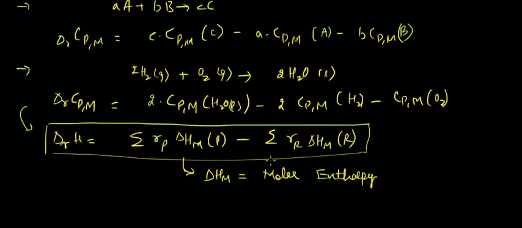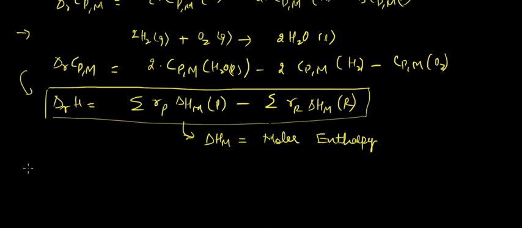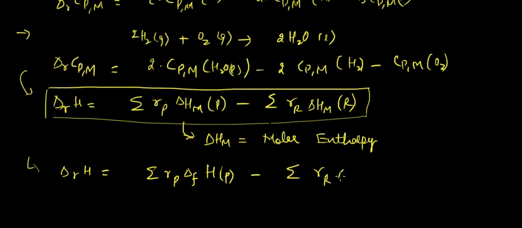Okay. Next, we can also say that delta_r H is equal to the summation of nu_P delta_f H of products minus the summation of nu_R delta_f H of reactants, where delta_f H is enthalpy of formation.